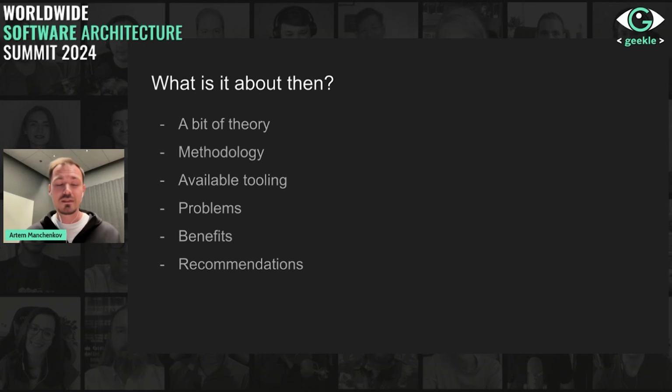I'll start with a bit of introduction into a theory, which is going to help us to follow the presentation. Then we'll spend some time reviewing what methodologies we can apply and what kind of tooling is available out there. And of course, it will be reflected by checking out some real-world problems, some solutions, and of course, benefits you can get out of it.